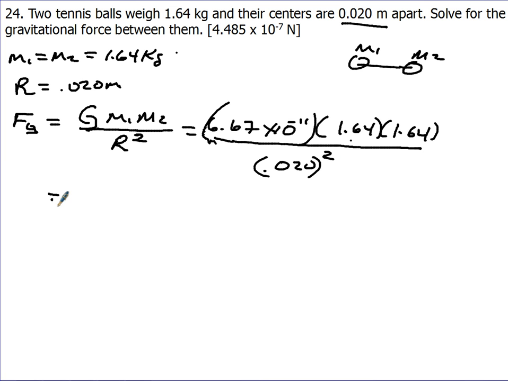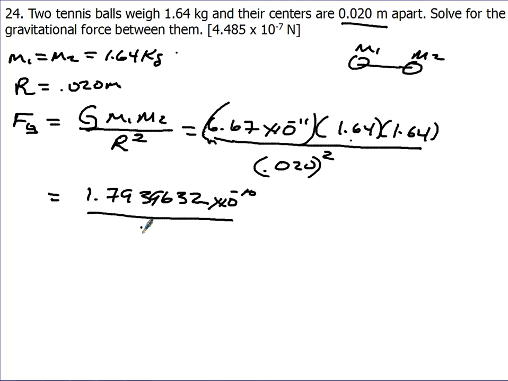Now, given that last fiasco with the last problem, we're definitely going to rerun these numbers. 6.67 times 10 to the negative 11 times 1.64 times 1.64 gives me 1.79399632 times 10 to the negative 10th divided by, what is 0.02 squared?